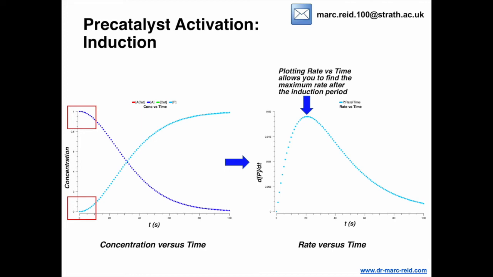The peak of the rate versus time plot reveals the maximum catalytic reaction rate following the precatalyst activation. In other words, the maximum rate marks the end of the induction period. And we can see this plotted on the right hand side of this slide.